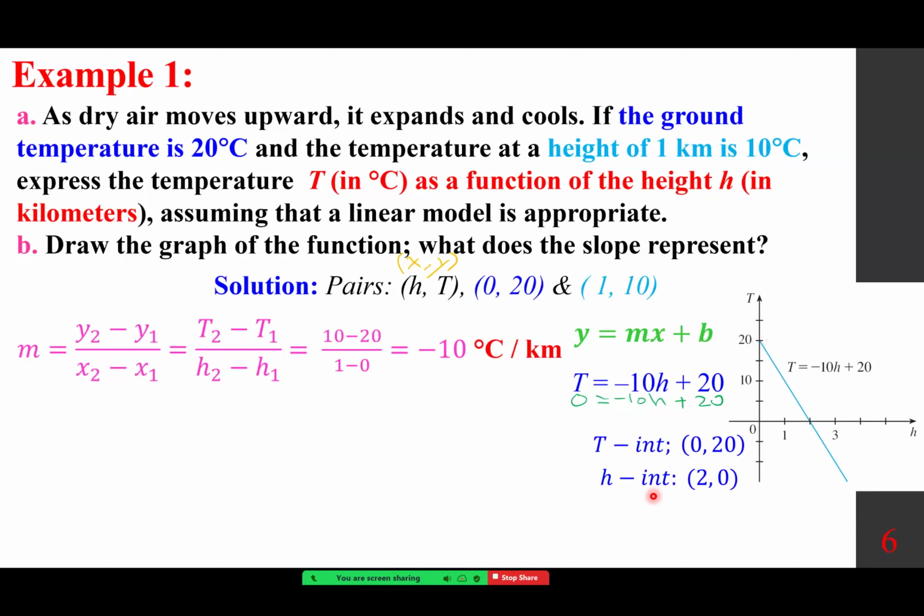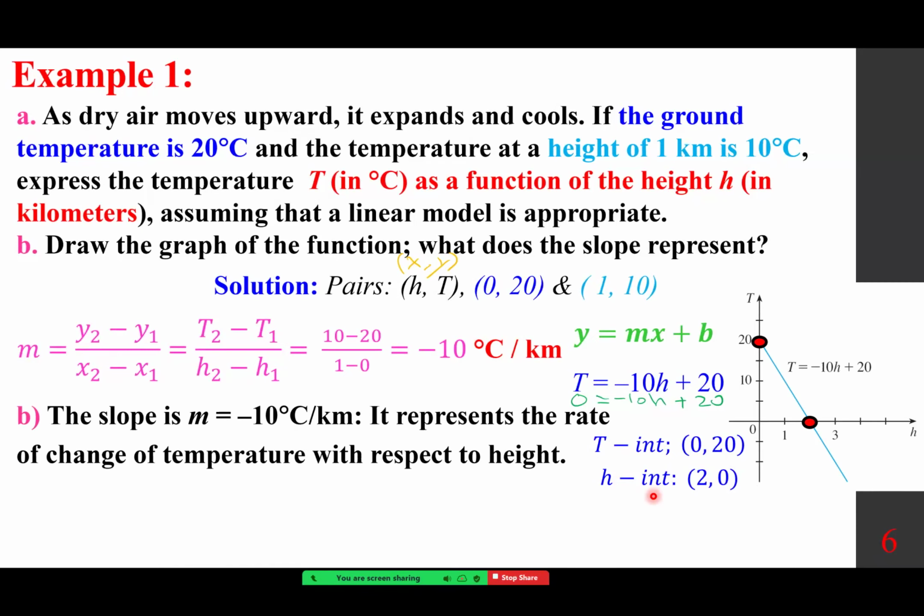And if we plot those two pairs, you connect them, and that's the line. We don't go on the negative side of h as far as the height is concerned, because at the ground level it's 0, and the rest is above that, it's positive.